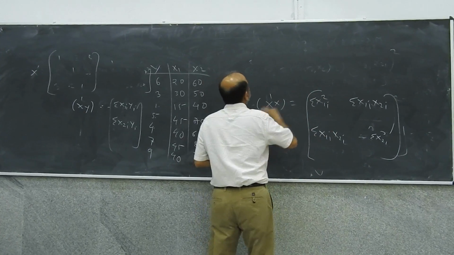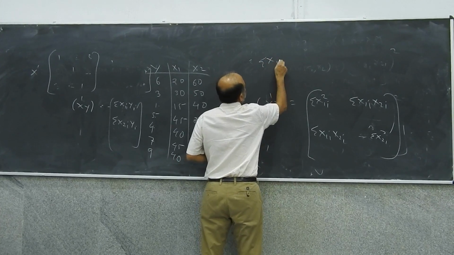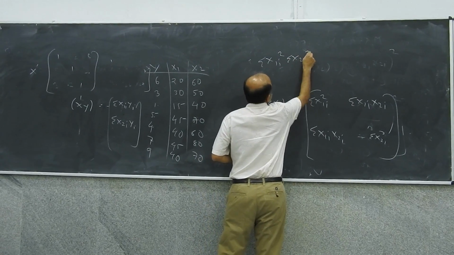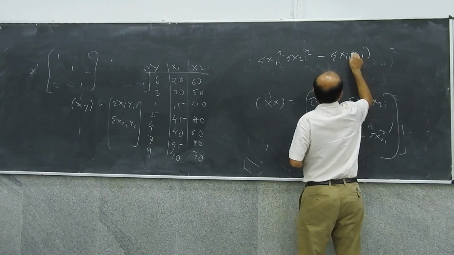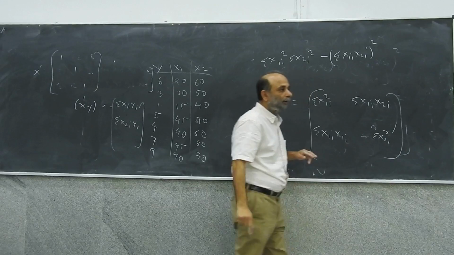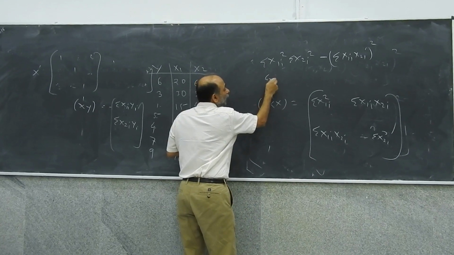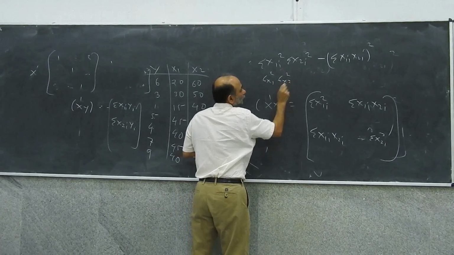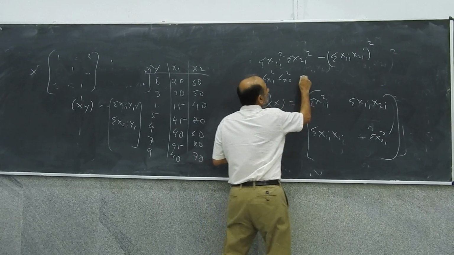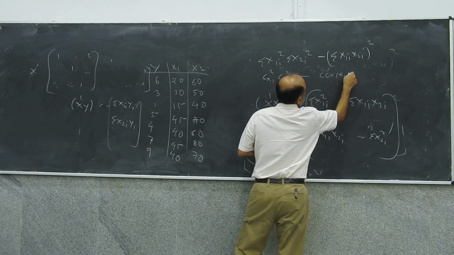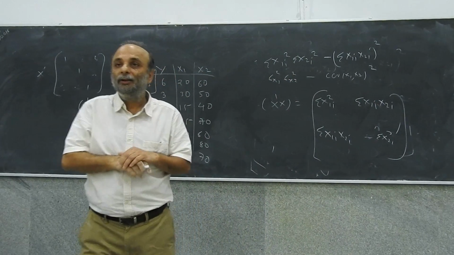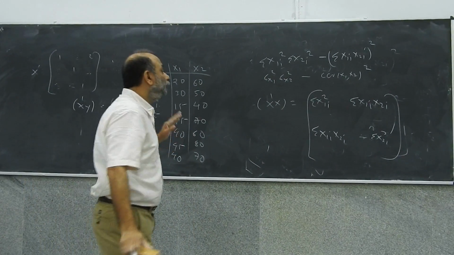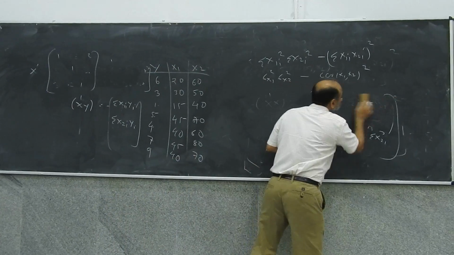So it is actually equal to sigma x1 square, sigma x2 square minus covariance x1, x2 square.